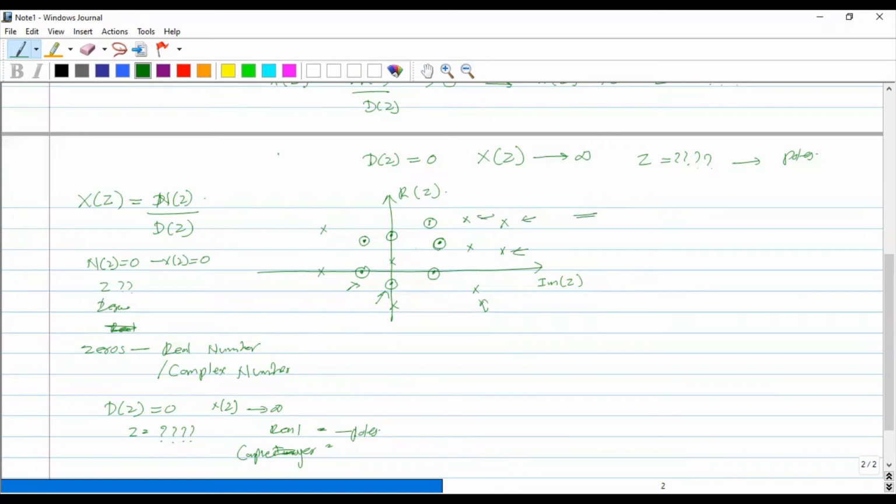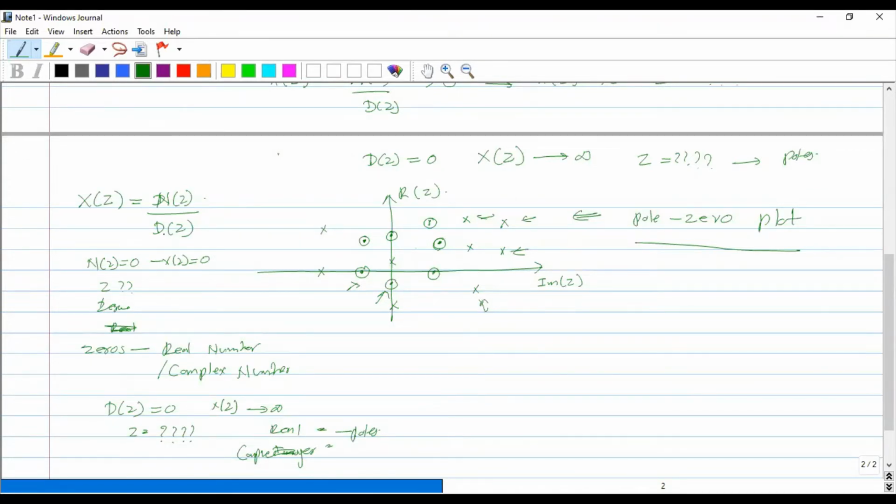So this is called the pole-zero plot. I hope now you have an idea what a pole-zero plot is. What we are doing here is we equate the numerator to 0 and find z values, those z values are zeros, and we mark them on the z plane.